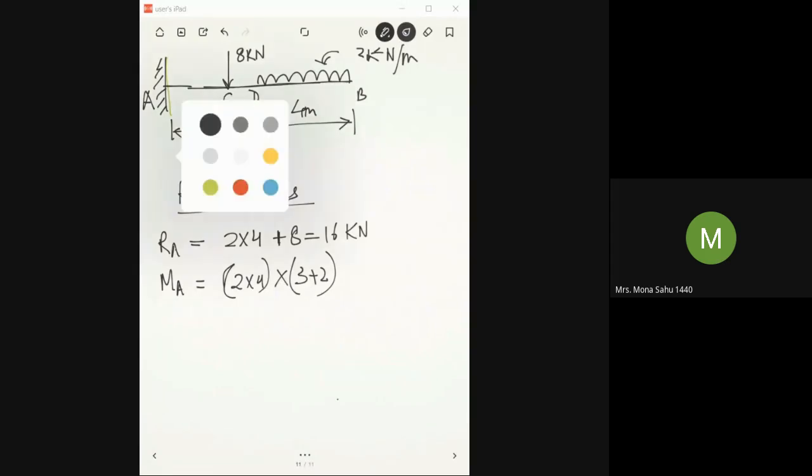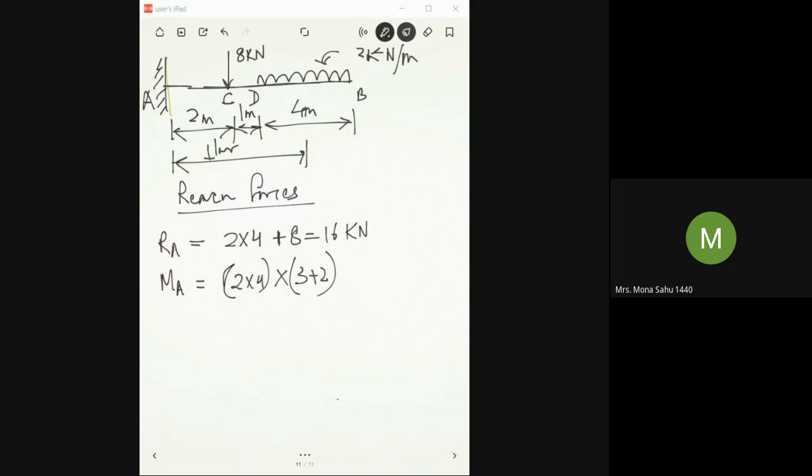This is 3, so this distance will be your perpendicular distance. I hope you're getting it. Plus 8 into 4 into 2.